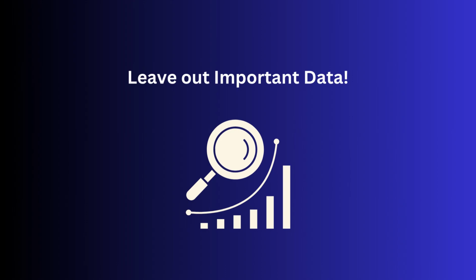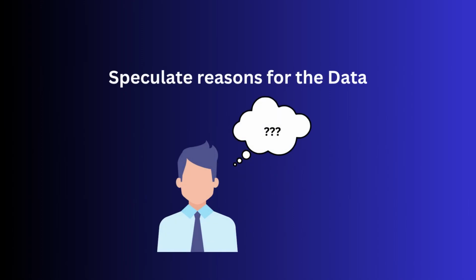Another reason you will lose a point is if you speculate reasons. If you keep discussing that this increase maybe happened because of this, you don't have to use maybe or might. We don't have to explain what had happened or what would have happened. No one cares about it. All you need to say is this happened in this year, this happened in this year. You don't have to give the because behind it.